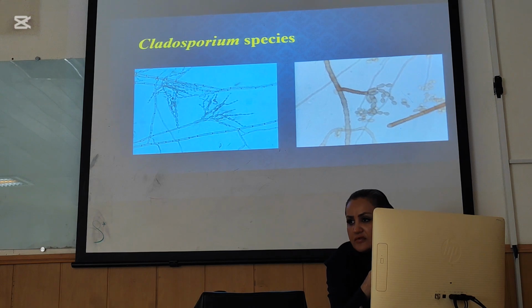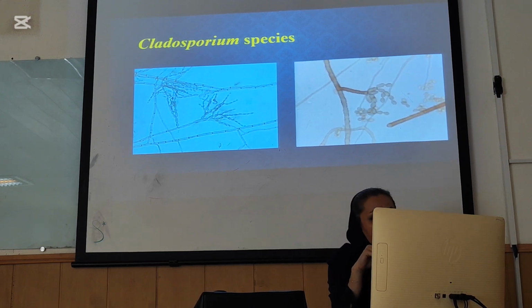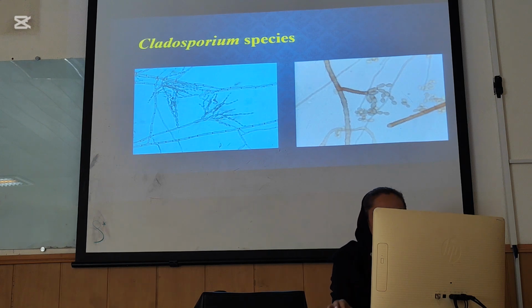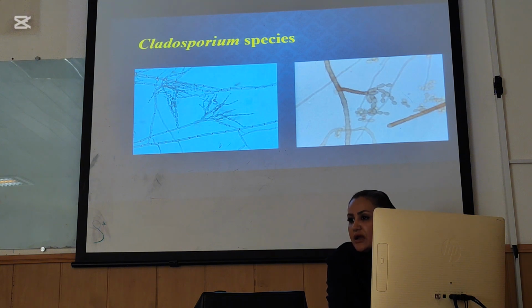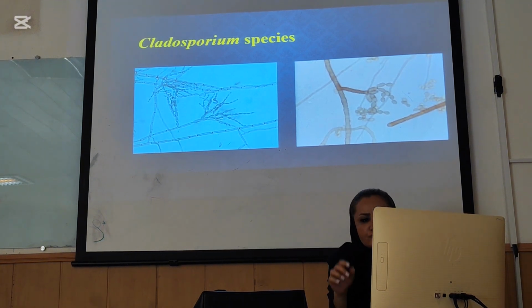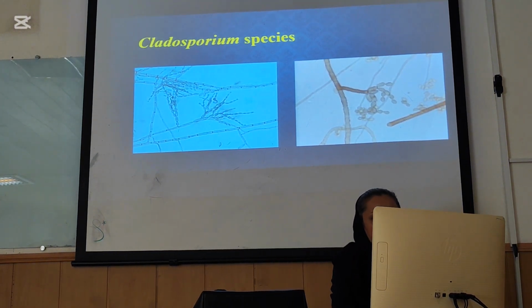Without any staining, we have a brown color. One of them is cladosporium. The direct examination and microscopic view of this fungus is very similar to a tree and fragmented branch, like this. And the conidia are very similar to a leaf.